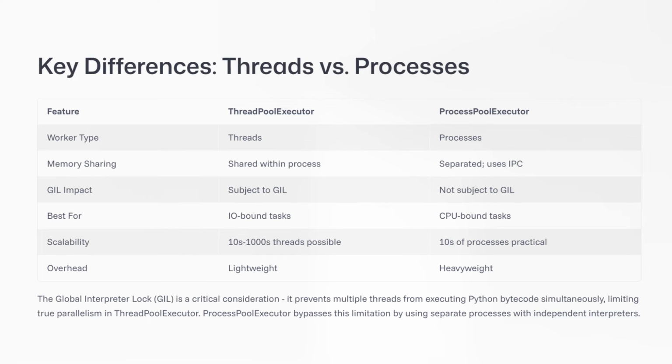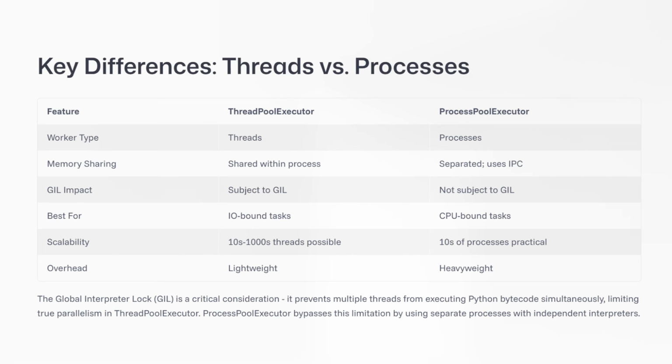For scalability, ThreadPoolExecutor allows tens to thousands of threads, and for the ProcessPoolExecutor, tens of processes are practical. And on the grounds of overhead, ThreadPoolExecutor is lightweight, but the ProcessPoolExecutor is heavyweight.